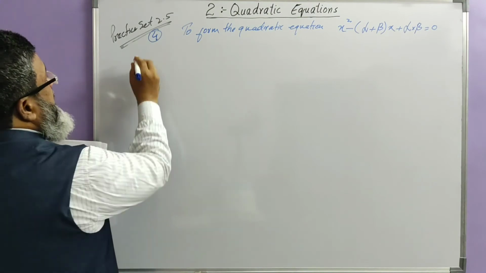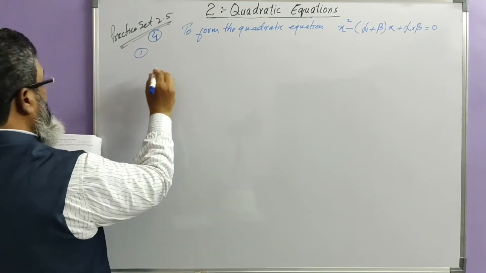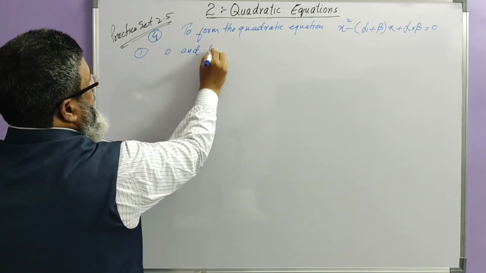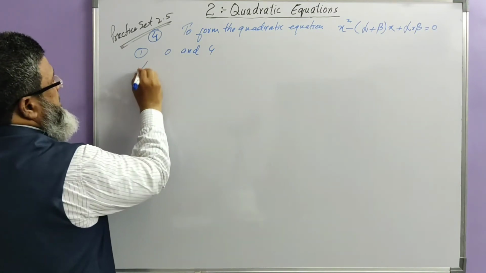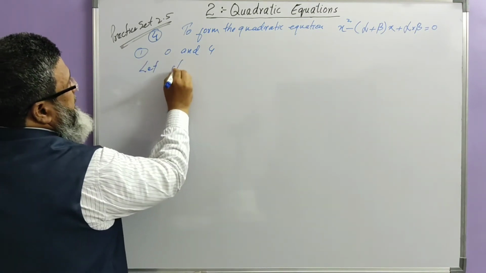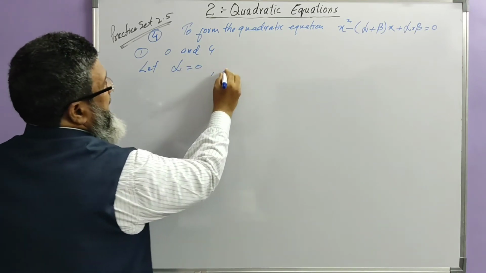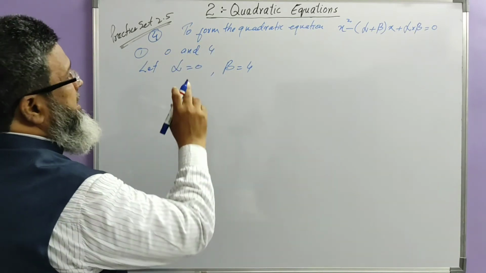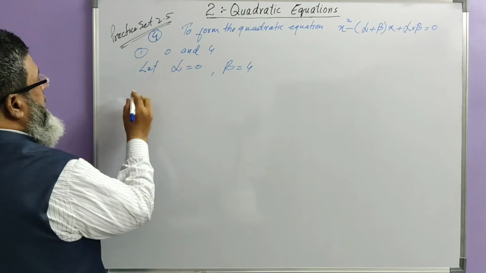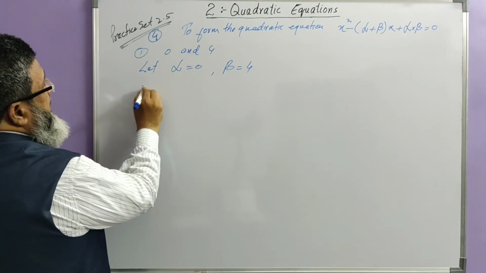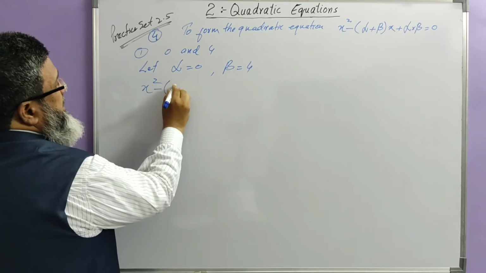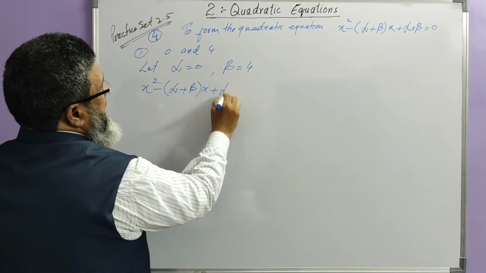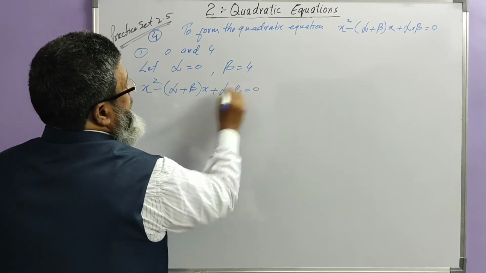See, question number 1 of this question number 4, roots are given: 0 and 4. Let alpha is equal to 0 and beta is equal to 4. These are the two roots given. So find the quadratic equation. By that formula: x square minus (alpha plus beta) x plus alpha into beta is equal to 0.